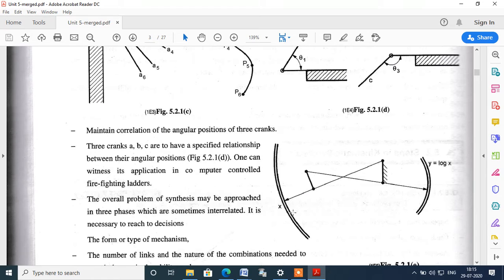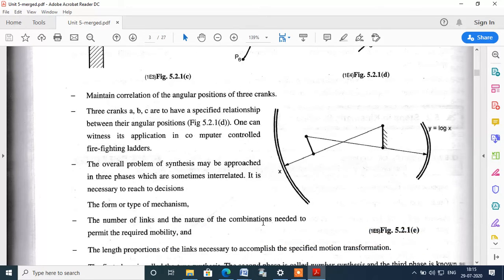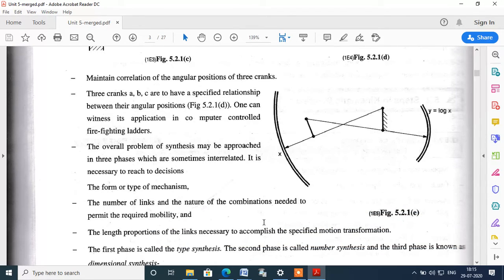So various mechanisms have various applications. The overall problem of synthesis may be approached in three phases which are sometimes interrelated, and it is necessary to reach some decision on the number of links and the nature of combination needed to permit the required mobility, and the length proportions of the links necessary to accomplish the specified motion transformation.